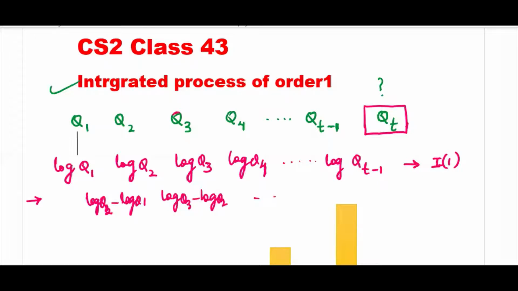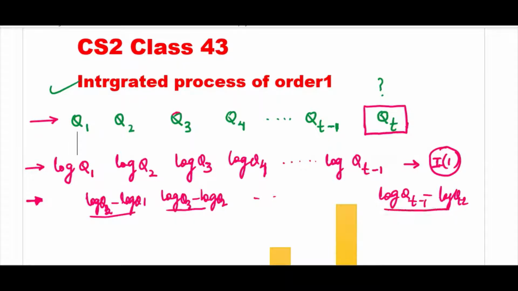That way, log Q(t-1) minus log Q(t-2), that way. Because this is I1, this is stationary. So with this data, you apply log transformation, then difference once, you get the series, and it's observed that this becomes stationary.